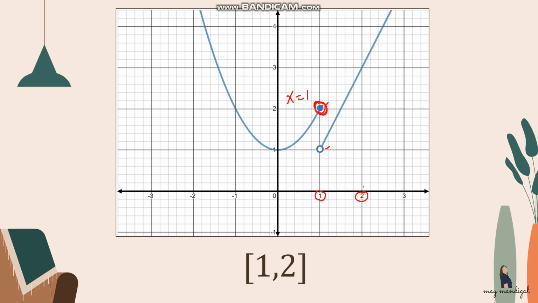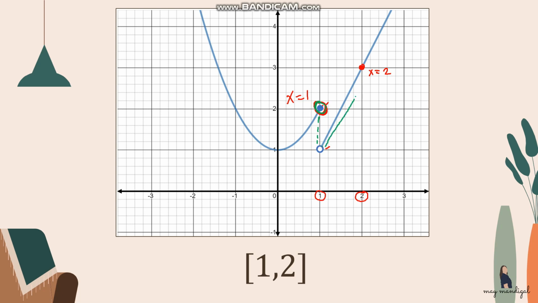Now, for x equals 2, all you have to do is look up here, and then we will reach this point. So let's shade this, because x equals 2 should be included. Now, after you identify the boundaries of our interval, next you have to check if you can trace the graph from the first boundary going to the other one without lifting your pen. So start at this point. You will see that I have to jump. So from there, I have to jump here so that I can go to this point.